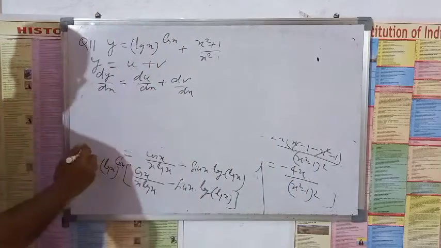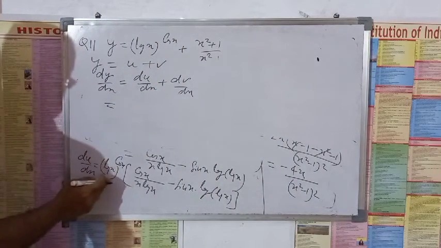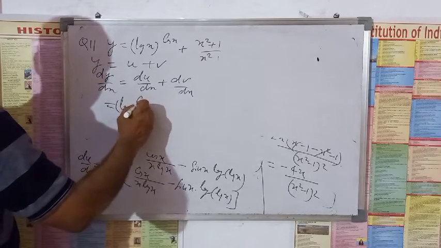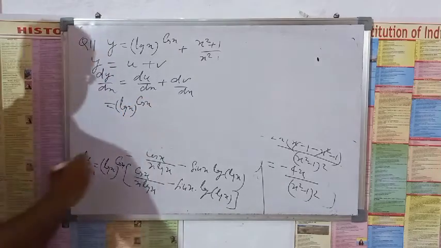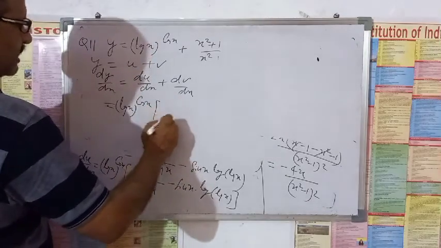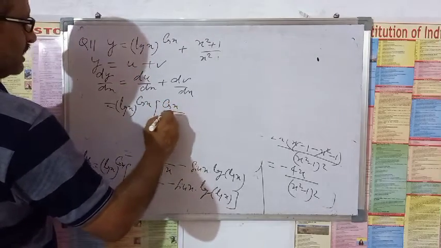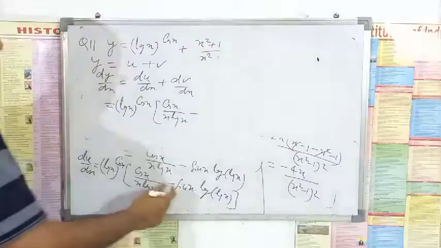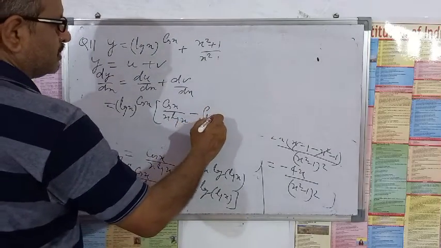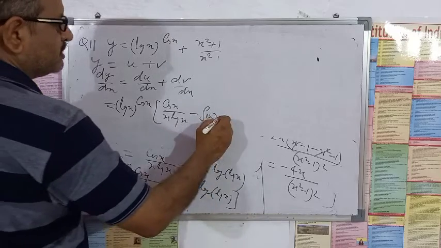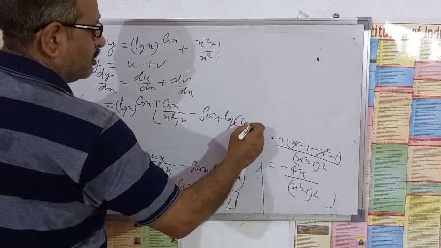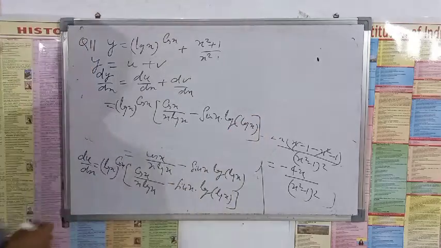So put here du by dx. What is du by dx? This one. (Log x) to the power cos x, in bracket cos x upon x log x minus sin x into log of log x, bracket close.